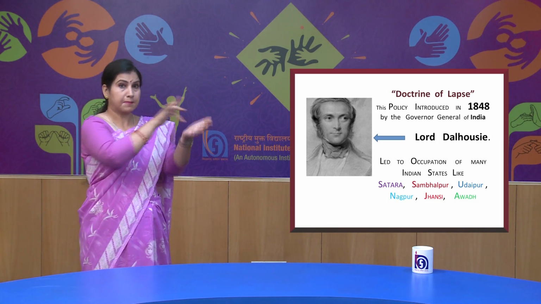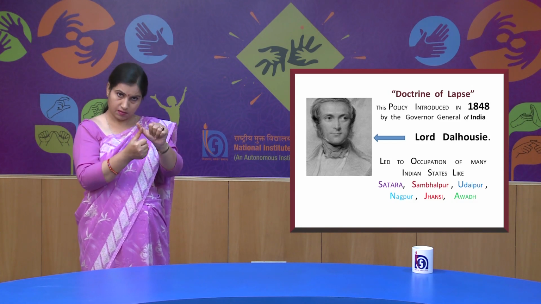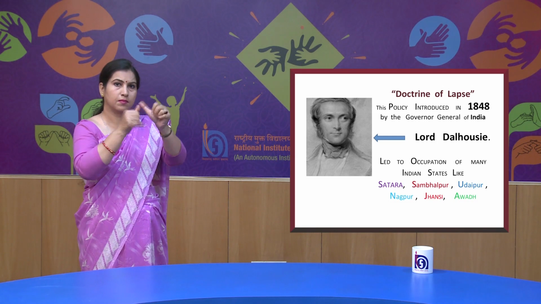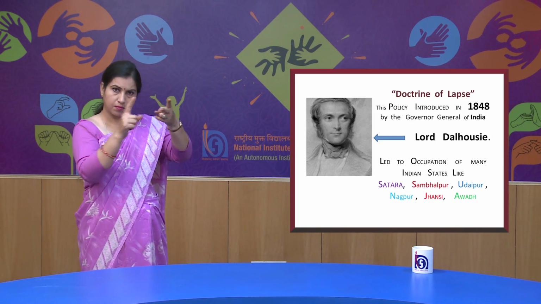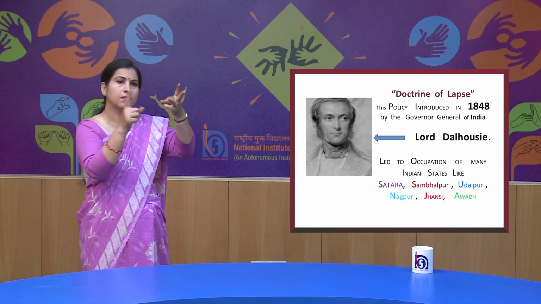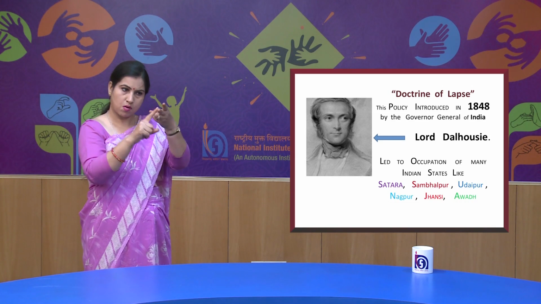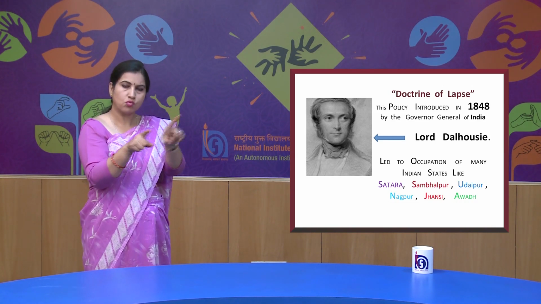These places were Satara, Sambhalpur, Udaipur, Nagpur, Jhansi, and Awadh.